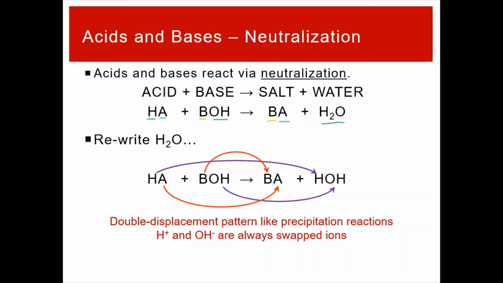We just don't call it HOH because it's become a covalent compound. We call it water. What's unique about acid-base chemistry is that those two ions are always involved in the swap, H+ and OH-, and it happens so much that it gets its own name. But it's not a precipitation because you're not making a solid, you're making liquid water.